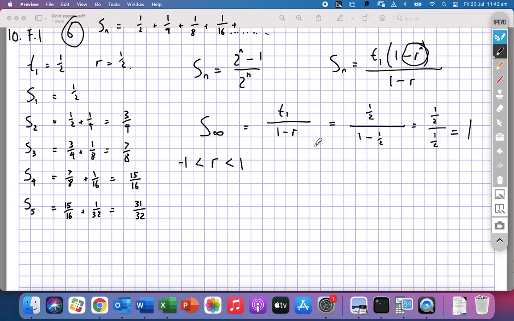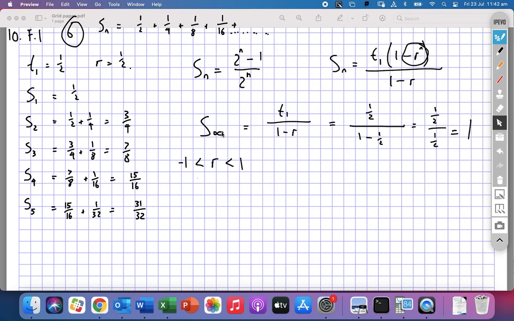Now, just one final comment. The geometric series, you hopefully are noticing that I'm writing infinity a lot. So I don't want to use this simplified formula unless I know that my series is significantly long enough to use this formula, right? So if I was calculating S2, the answer is 3/4, or even S3, the answer is 7/8.